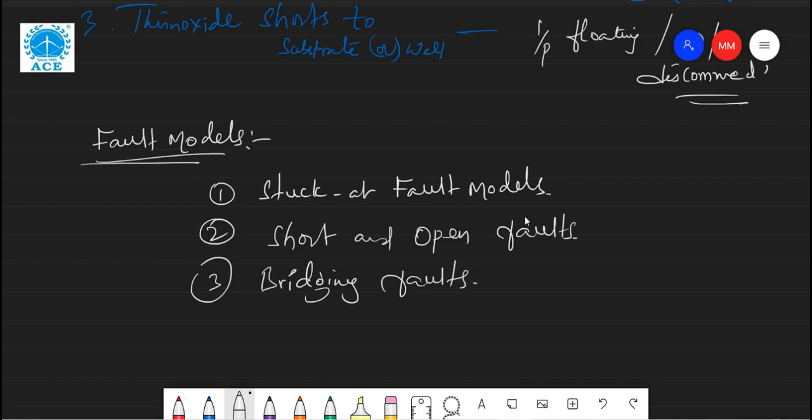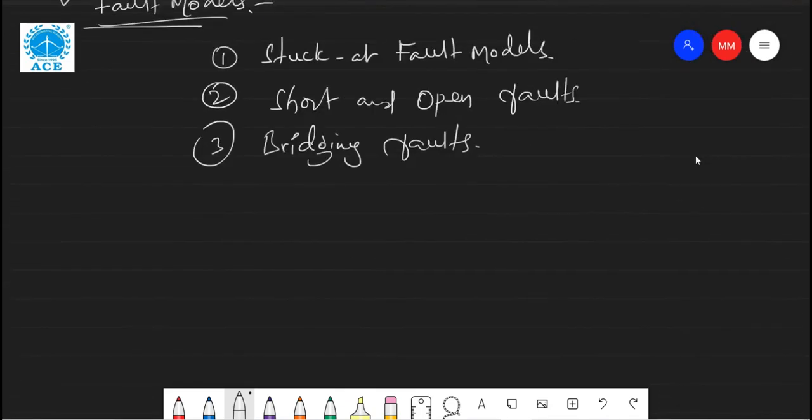Generally fault models are categorized into three types: stuck at fault models, short or open faults, and bridging faults. Let us see the first one, stuck at fault models.